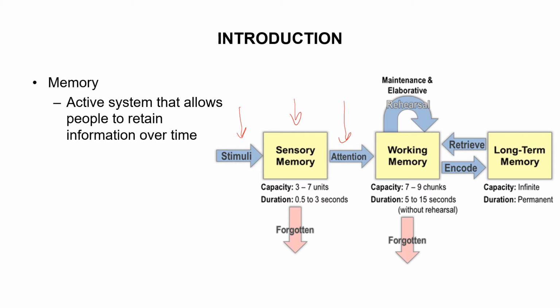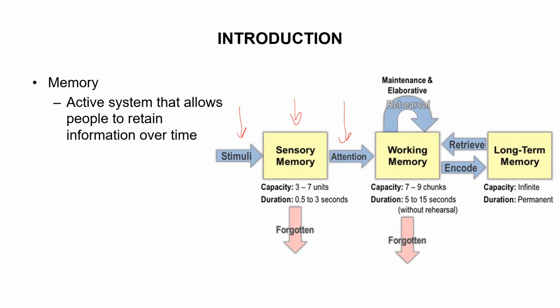Everything that is out there in the world around you, or at least in front of you, is coming into your senses. And it's actually going into your sensory memory, and your sensory memory is processing it. However, you don't actually notice it until the attention step comes in. So we'll talk about that more later and look at attention.